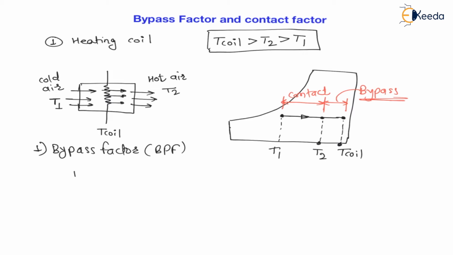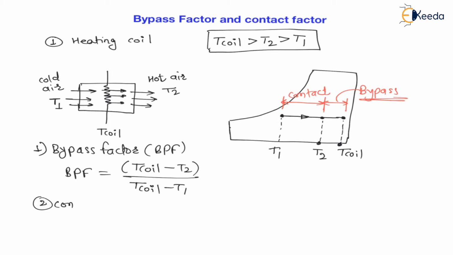This bypass factor is nothing but the bypass temperature difference, that is temperature of coil minus T2, divided by the total temperature difference, that is the maximum temperature difference, temperature of coil minus T1, right? This is called bypass factor. And again there is a concept of contact factor.